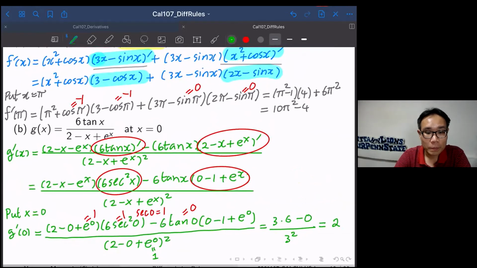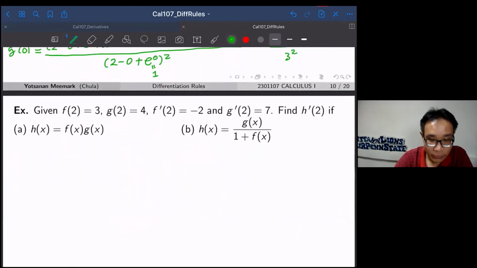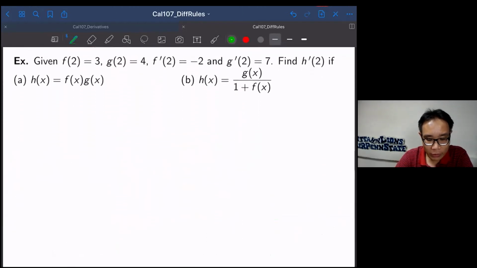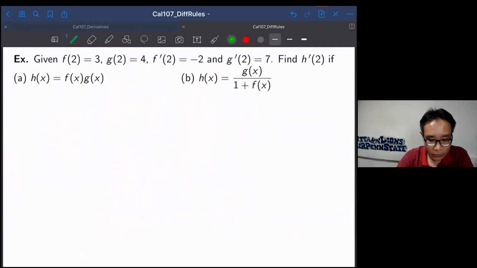Let's go to the last example for this script. You have f(2) equal to 3, g(2) equal to 4, f prime 2 equal to negative 2, and g prime 2 equal to 7. The question asks you to find h prime 2 if h(x) is the product of f(x) and g(x).